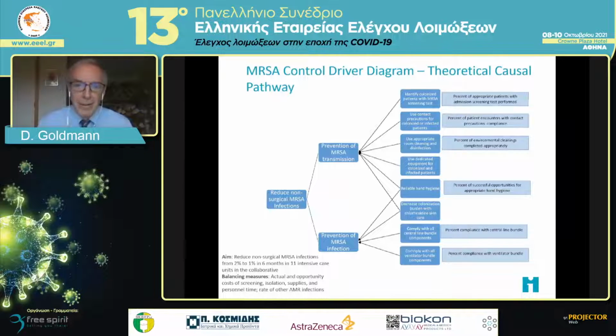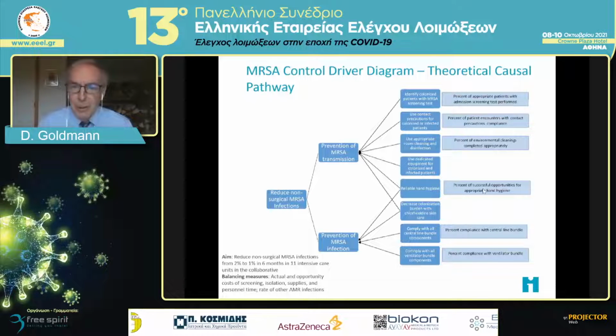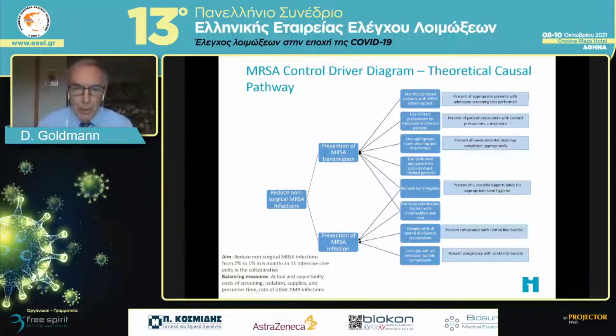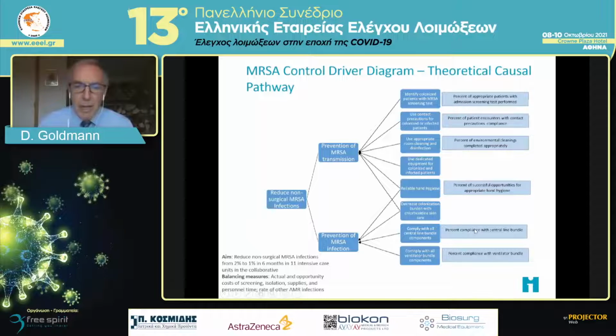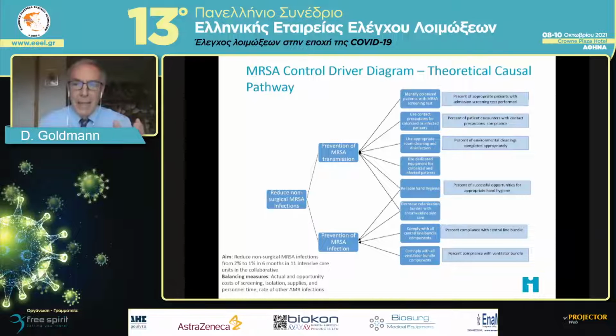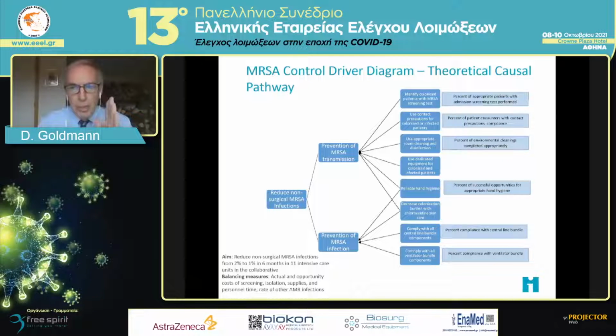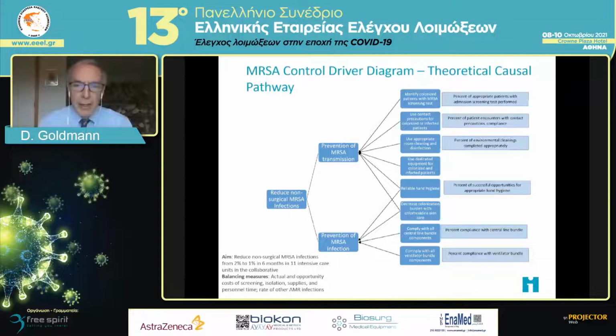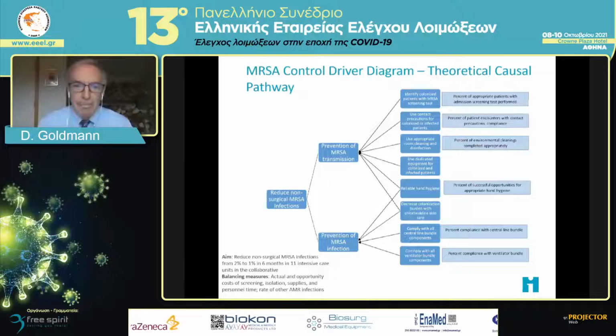All I care is that people really do hand hygiene whenever it's appropriate, certainly on entering and leaving the room, and then the percent compliance with the bundles. So the basic concept here: a visual diagram of the causal pathway, the main drivers and changes and interventions that you believe will actually reduce transmission and infection, and the measurement framework for that.